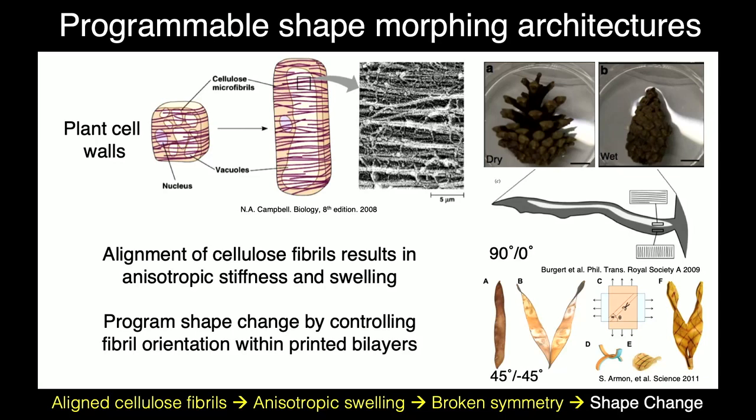So, for example, we see when we immerse a pine cone in water, it undergoes a bending transition because each one of these features has this bilayer architecture where there's an orthogonal 90-0 degree orientation between layers. Wheat awns, for example, have a 45-45 degree orientation between the two layers, and they undergo a twisting when they swell.